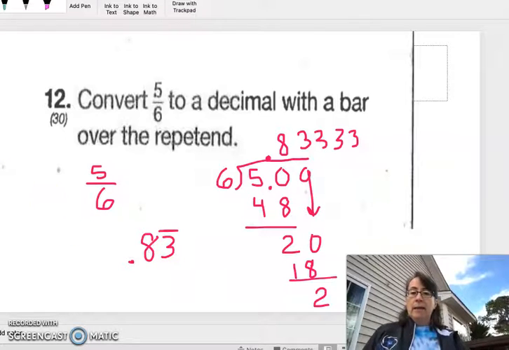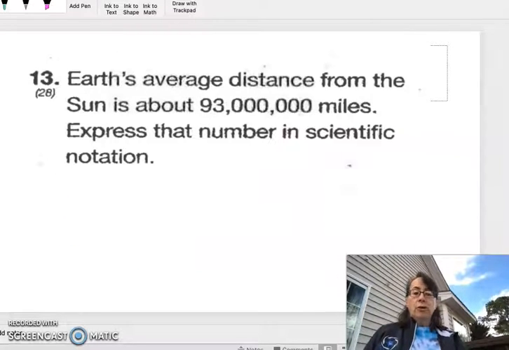Number 13. Earth's average distance from the sun is about 93 million miles. Express that number in scientific notation. So remember, the decimal's got to come here from where it is right now, which is at the end of the number.